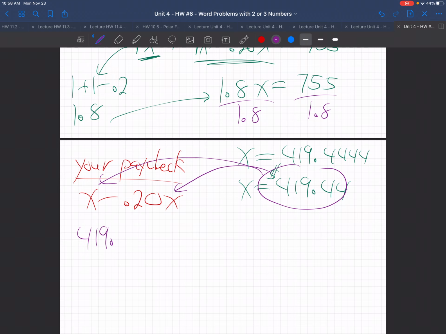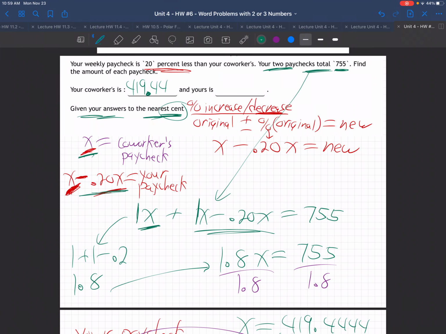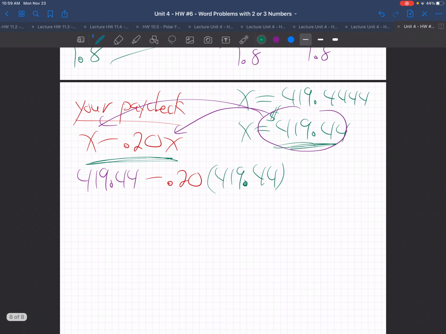So it's 419.44 minus 0.20 times 419.44. Plugging in X in both those spots, right? X is 419.44. That's the formula for your paycheck. We wrote it up here. So let's hit the buttons on the calculator now.